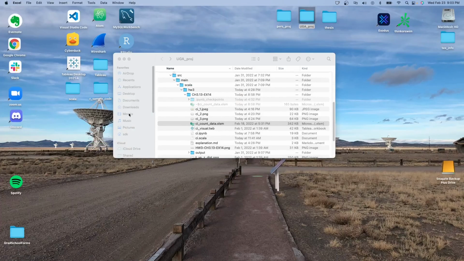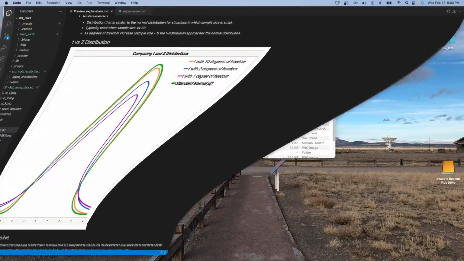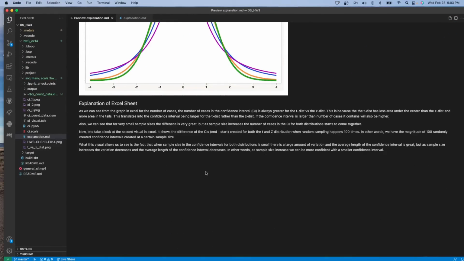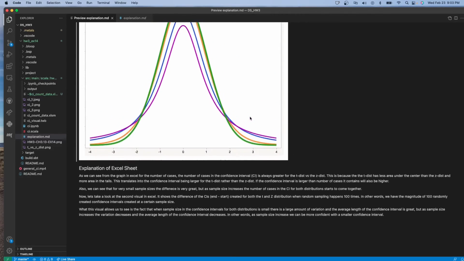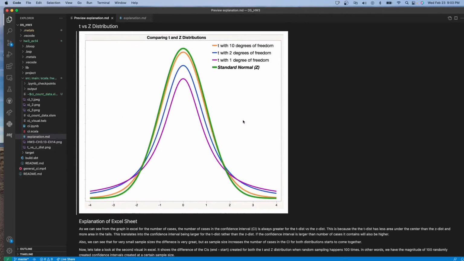So to go back, here's an explanation if you want to refer back to it, but just to recap: with the T and the Z distribution, you can make confidence intervals with both.